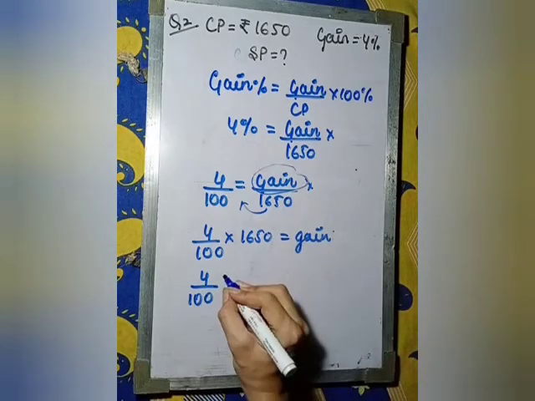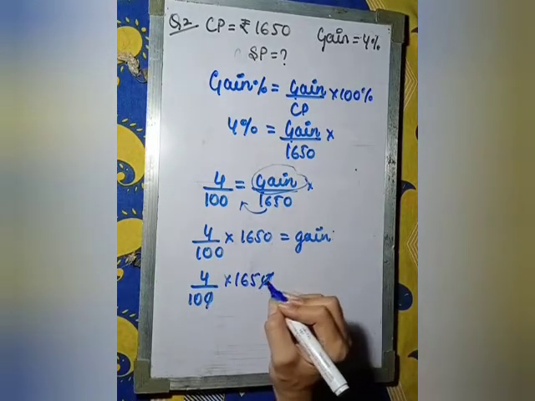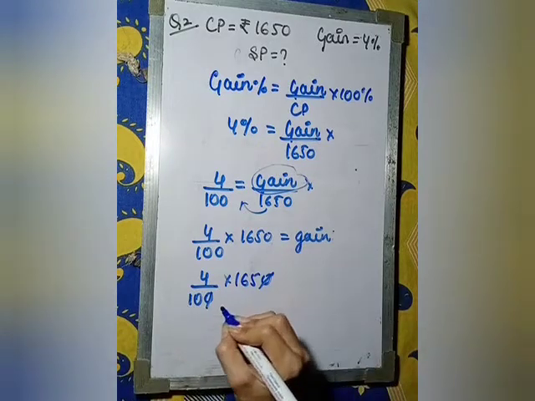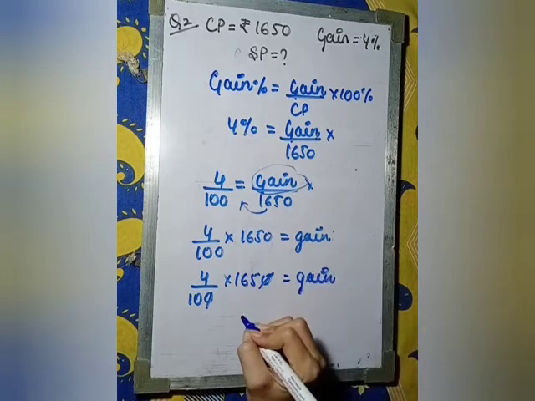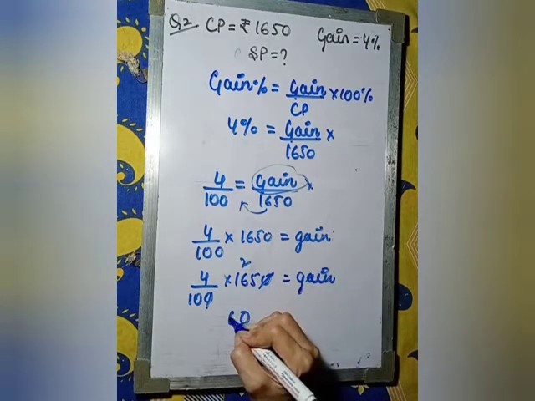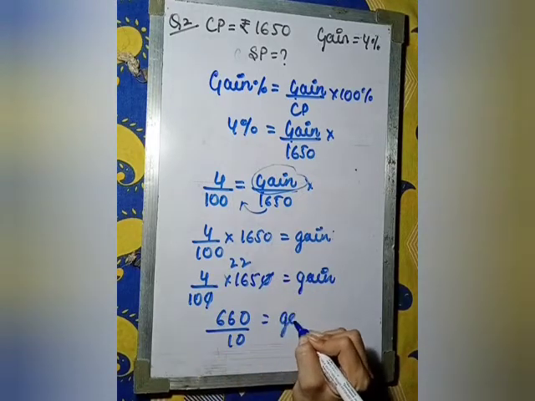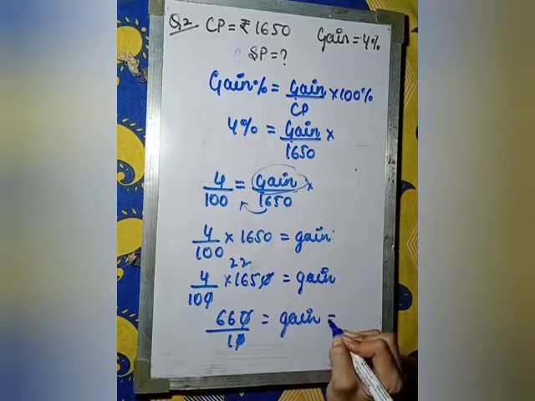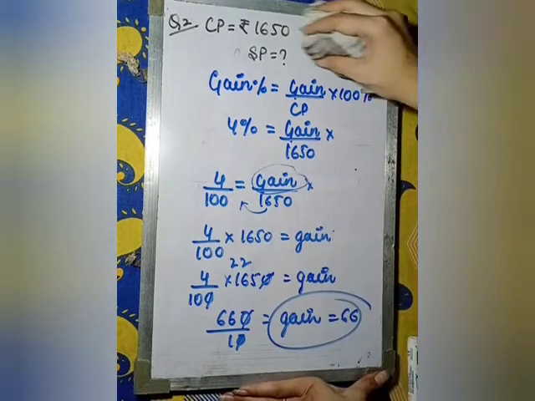So it will be 4 5s are 20, 4 6s are 24, plus 2 is 26, 4 1s are 4, 5 6 upon 10. So how much is the gain? Gain is 66 rupees. The gain is of 66 rupees.